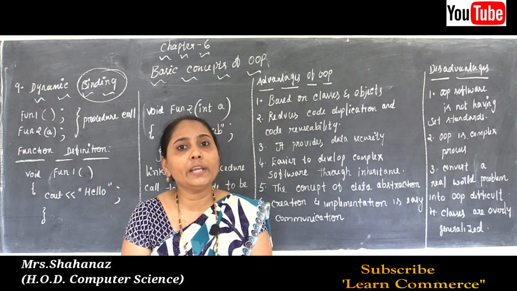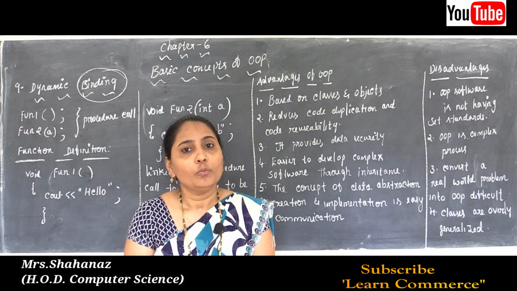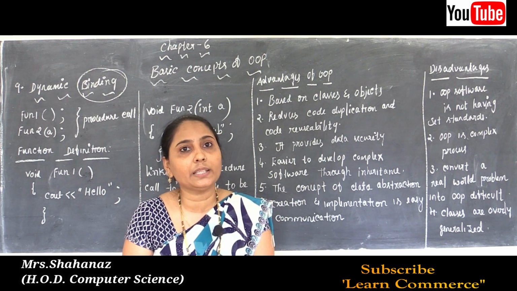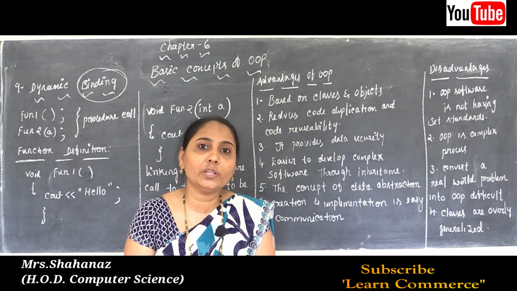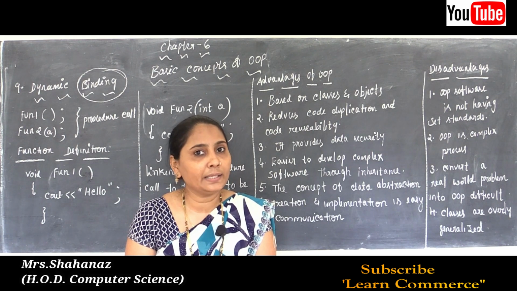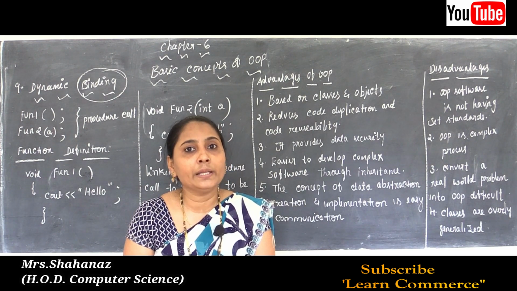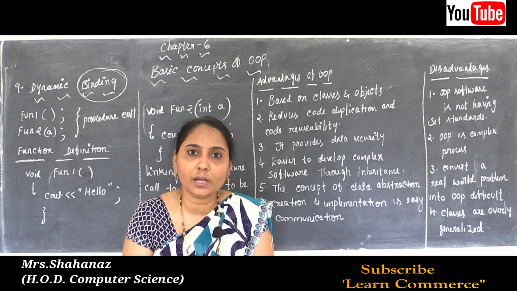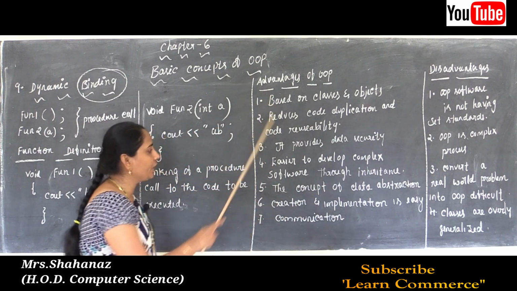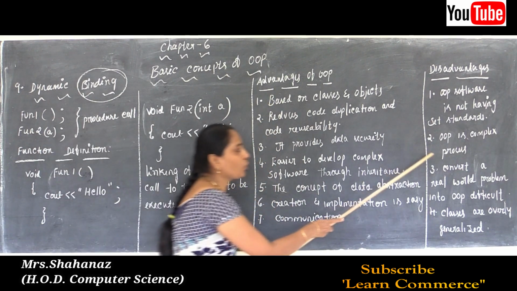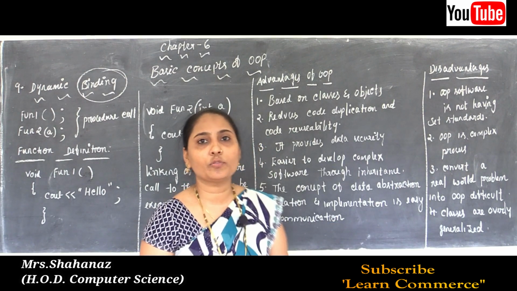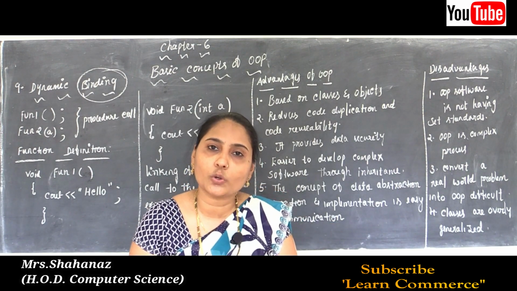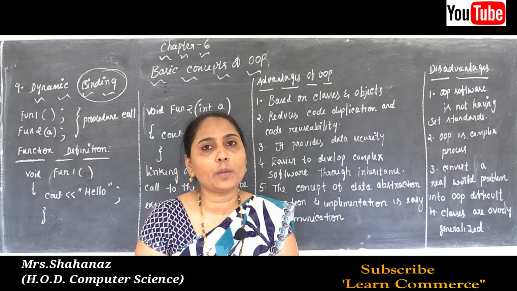But we need to understand that when the percentage of advantages is more compared to the disadvantages, then there is no harm in accepting. Correct? We know that many advantages are there, but only a few disadvantages of object oriented programming. So we can say that the programming approach is good.